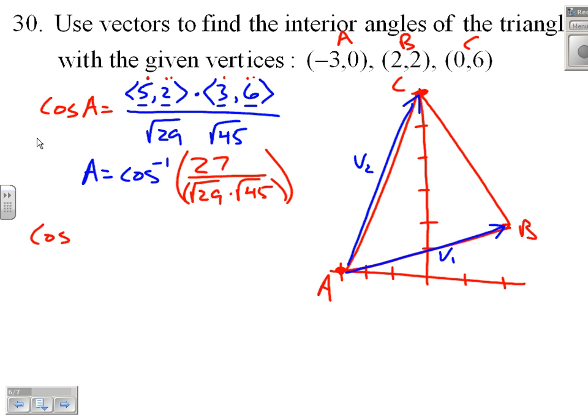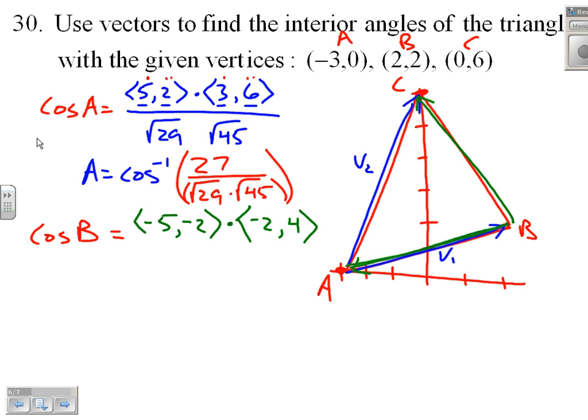So cosine of angle B is the vector exiting angle B. This is our V1 in reverse. Now my horizontal component is -5. My vertical component from B down to A is -2. Dot that with this guy, exiting angle B, which has a horizontal component -2, a vertical component up 4.